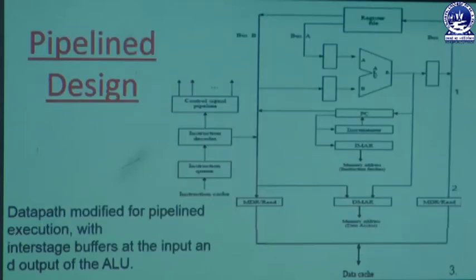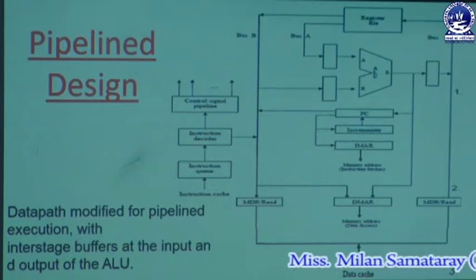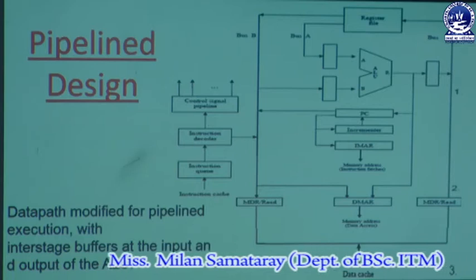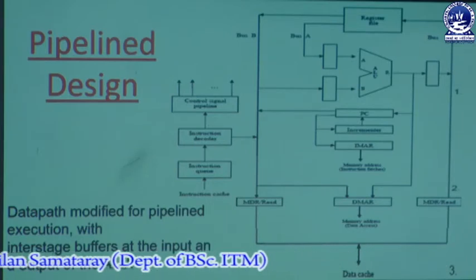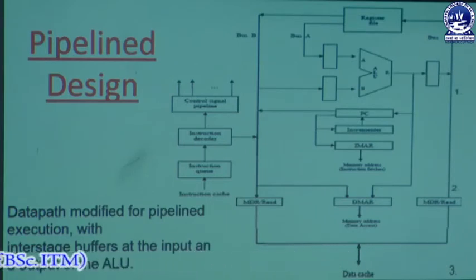So let us see. This is the pipeline design of the original design which I displayed in my previous slide. Here, as you can see, the picture represents the data path modified for pipeline execution with interstage buffers at the input and output of the ALU.